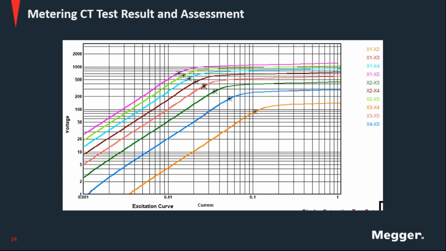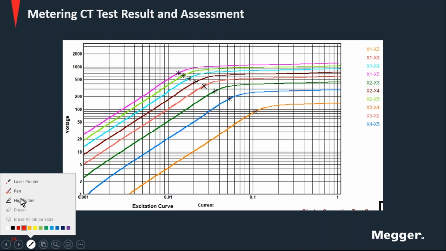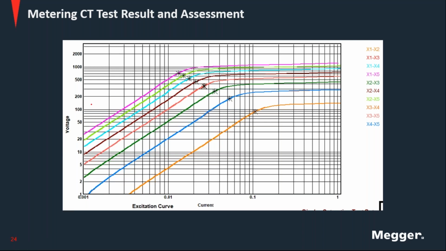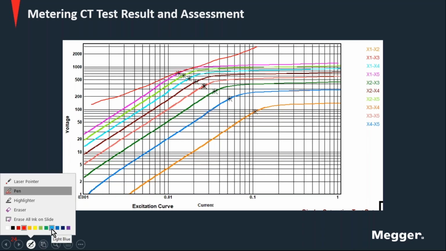All right. Well, ANSI 30 and ANSI 45 are actually the same thing. We just use a different number for determining the knee point of current transformers.